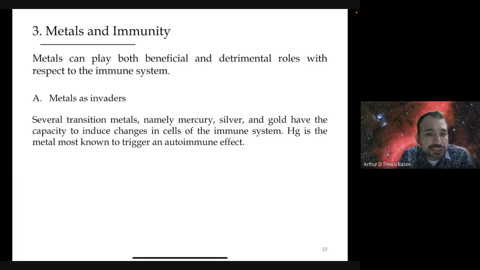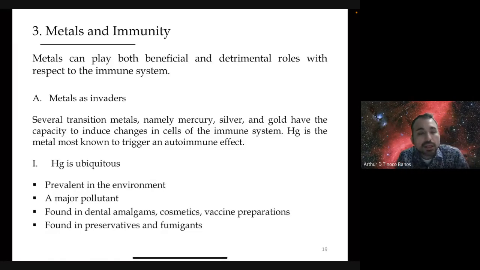Several transition metals, such as mercury, silver, and gold, have the capacity to induce changes in cells of the immune system, of which mercury is the metal that is most known to trigger an autoimmune effect. Now, talking a bit about mercury, it is a ubiquitous metal, meaning that it's highly prevalent in our world, in the environment.